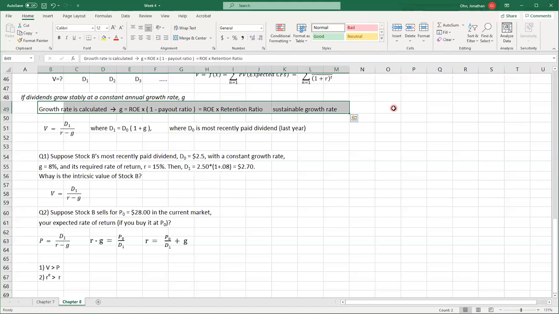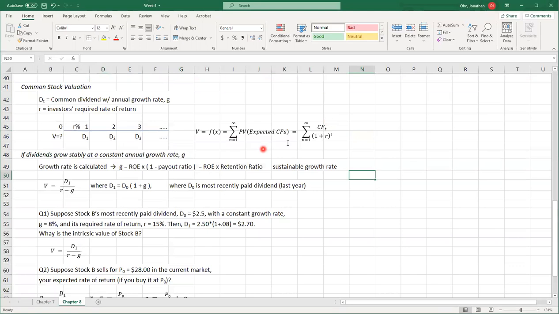Okay. Now, I told you the valuation model is this one here, right? The valuation model is basically the sum of discounted future dividends.